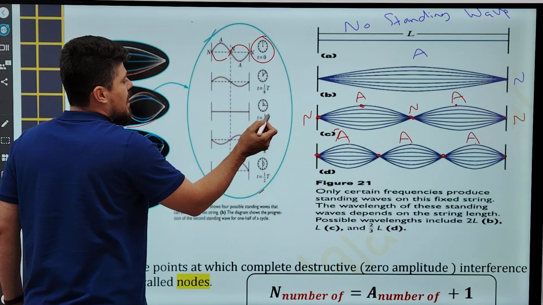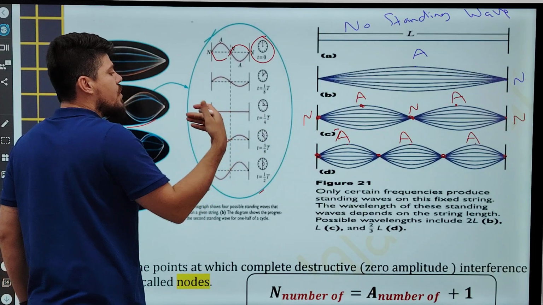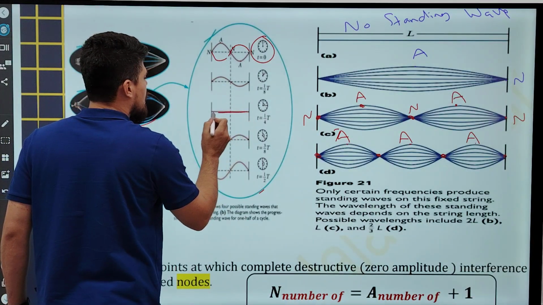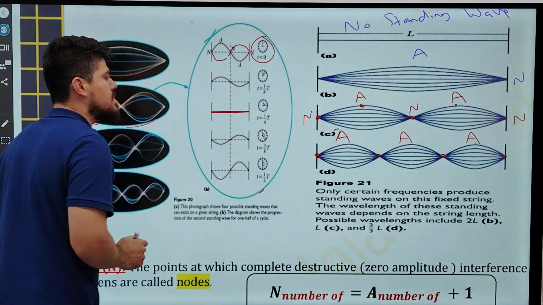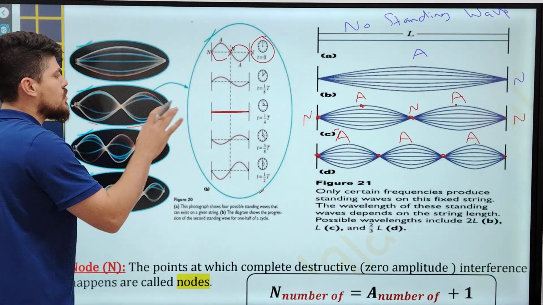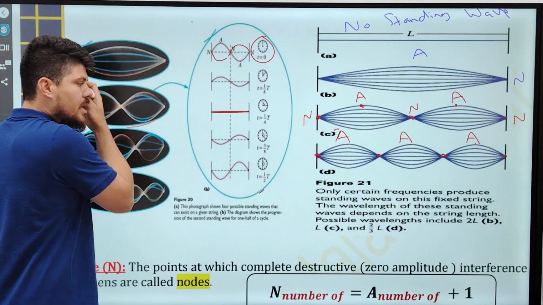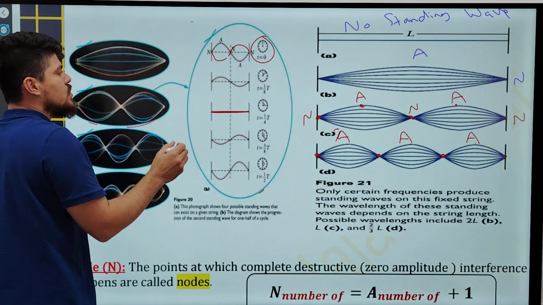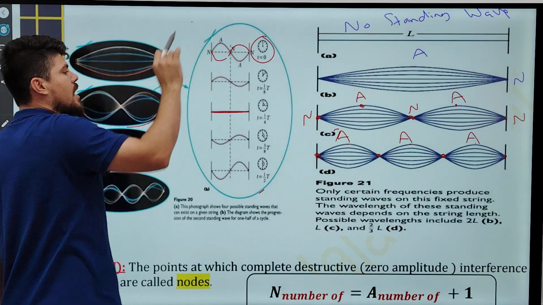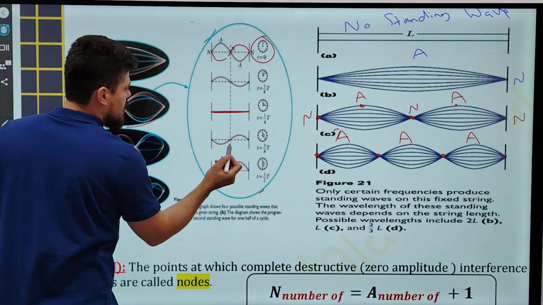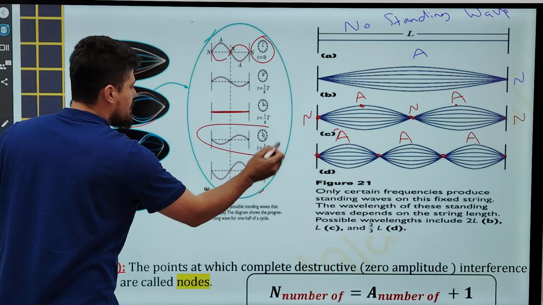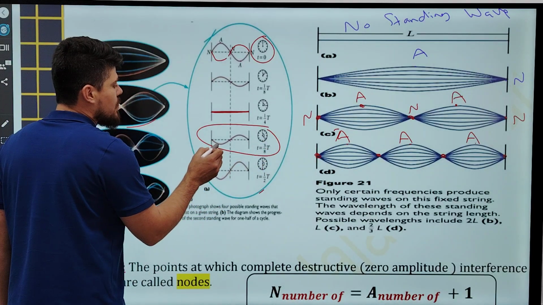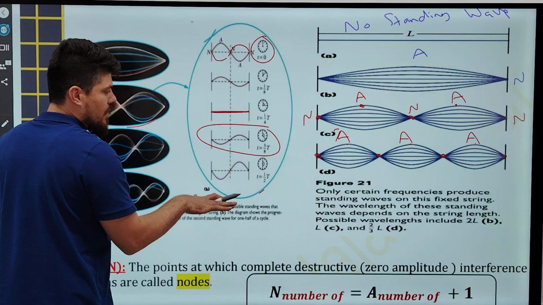Okay? After the time is equal to 1/4 of its period, what happens to the wave? The amplitude becomes 0. Okay? But the string does not stop. The string is moving downward in this case. In the first two cases, the amplitude is upward. But in this figure, when the time is equal to 3/8 of its period, the amplitude is moving down.